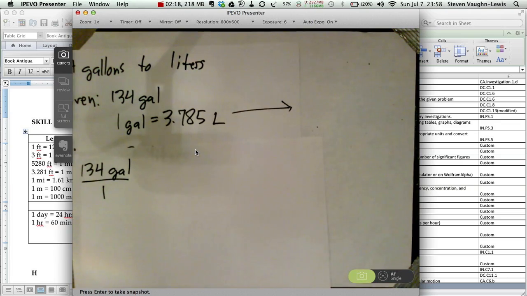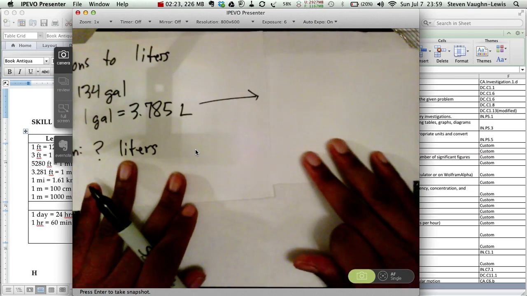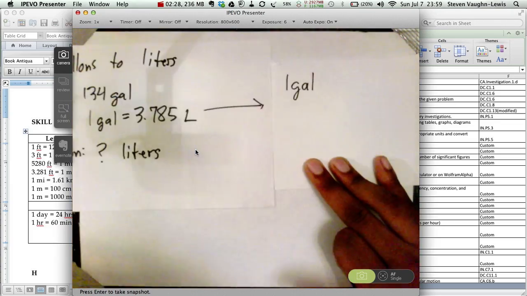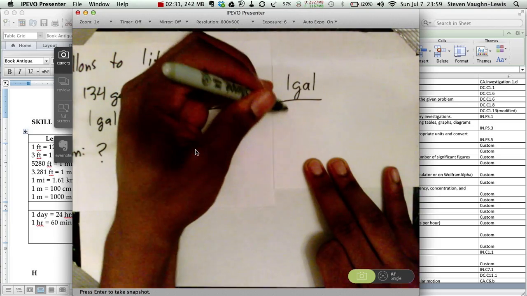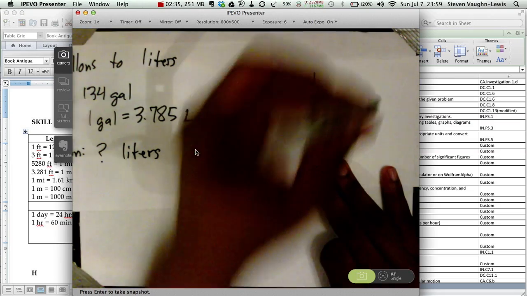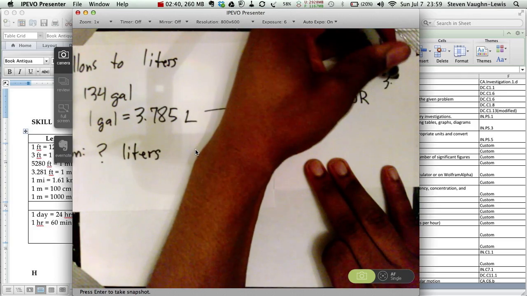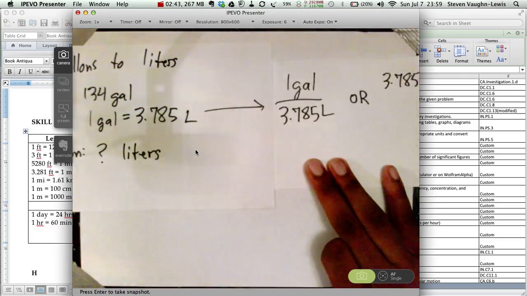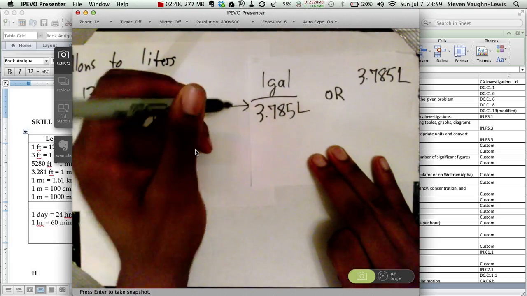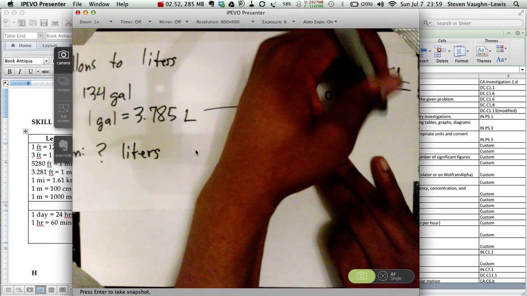So what we can do is take that information and come up with our two conversion factors. 1 gallon divided by 3.785 liters, or the other conversion factor is 3.785 liters divided by 1 gallon.